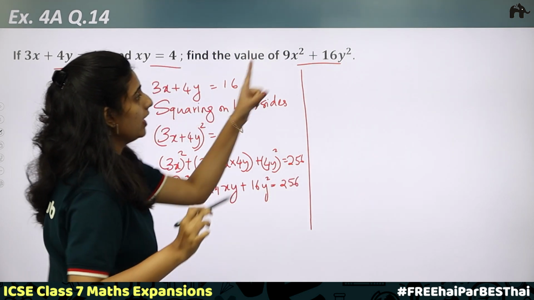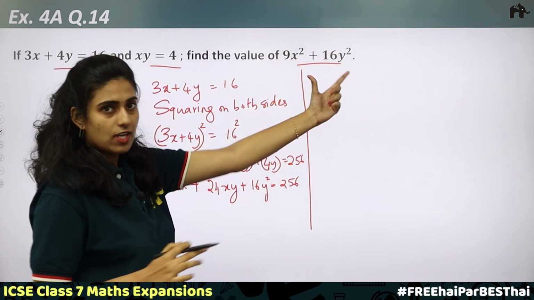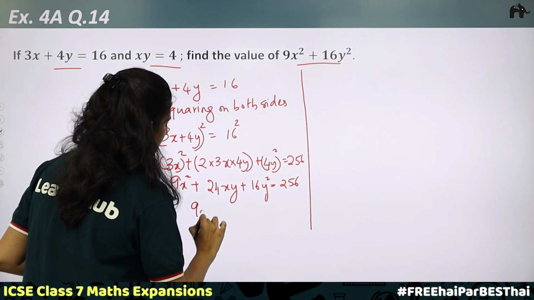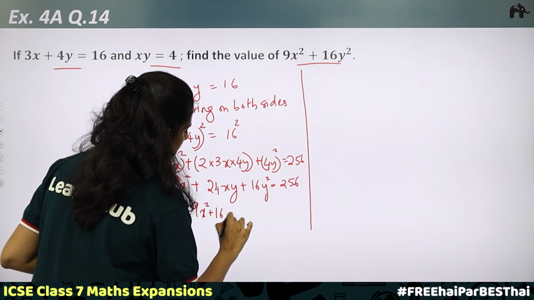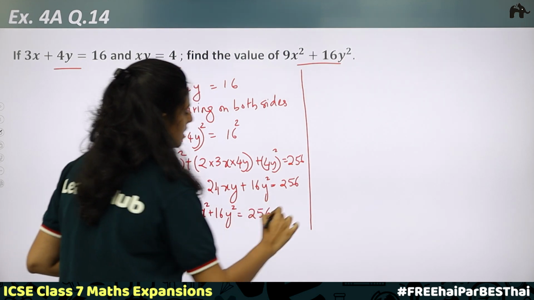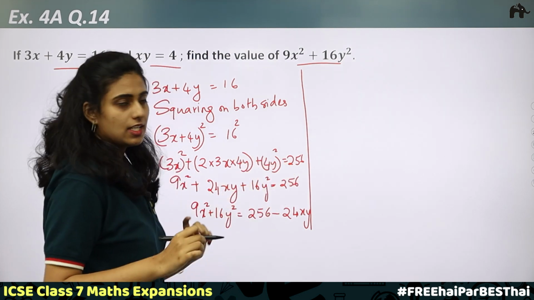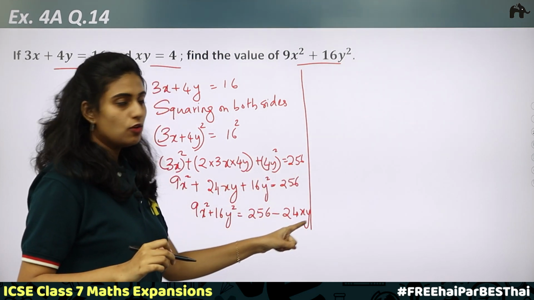Okay, we need to find 9x square plus 16y square. So keep 9x square plus 16y square on the left hand side. 9x square plus 16y square is equal to 256 minus 24xy. So when 24xy is taken to the right hand side, you get minus 24xy.